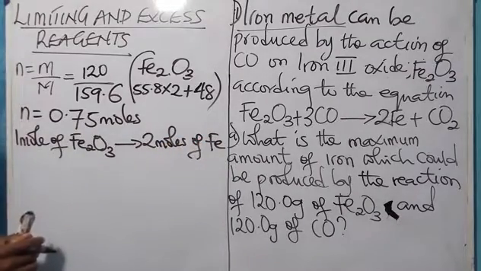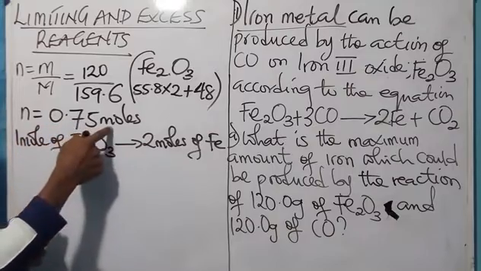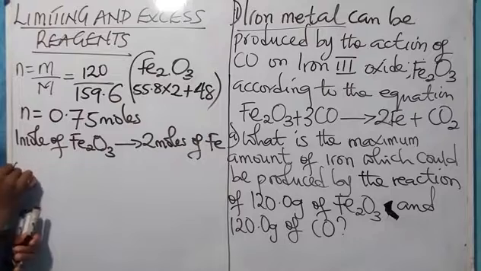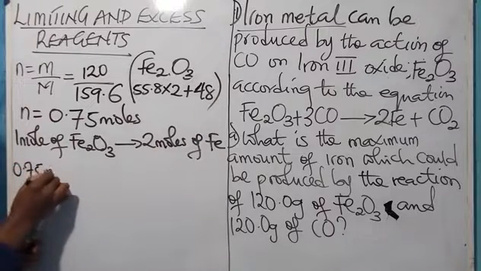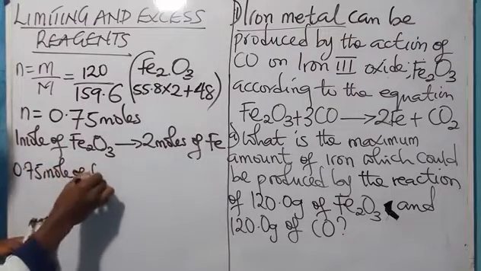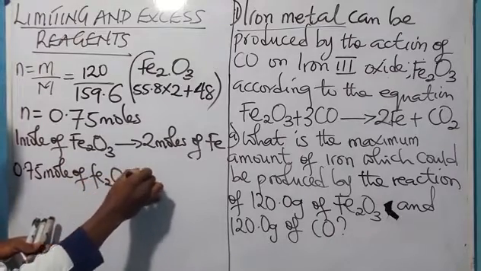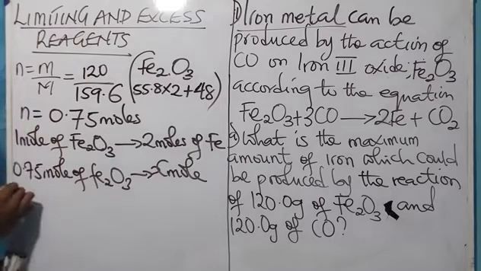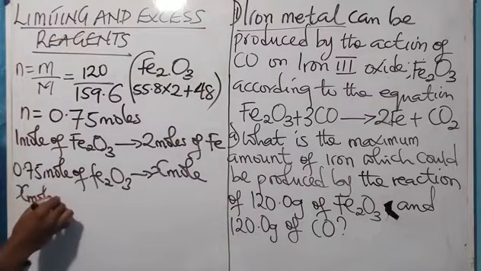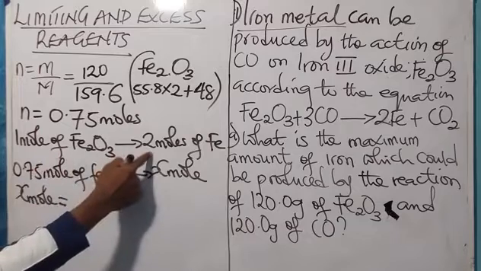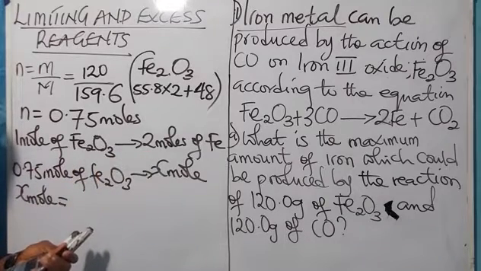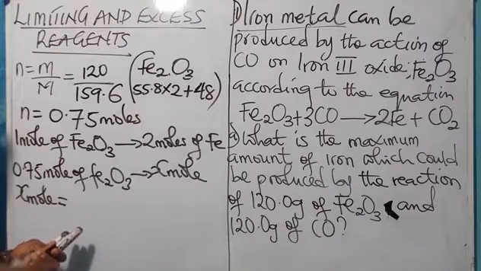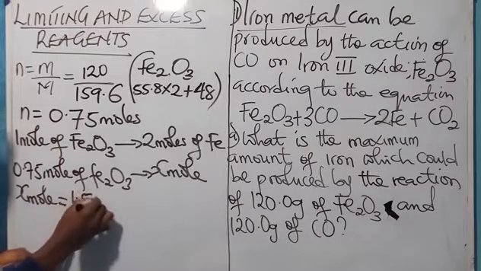Secondly, it means that 0.75 moles of this will produce what mole? 0.75 mole of Fe2O3 will produce x mole. If you cross multiply, you'll have x mole equals this times this, that is 0.75 times 2. I'll have 1.5 mole.